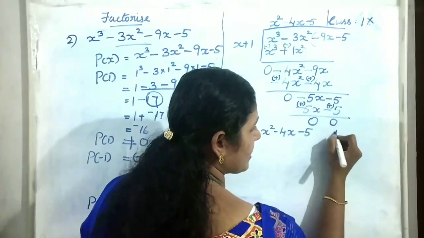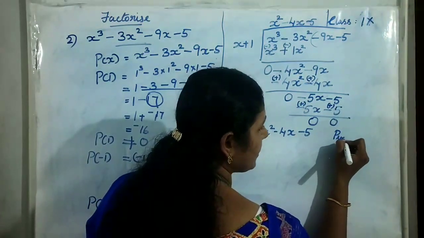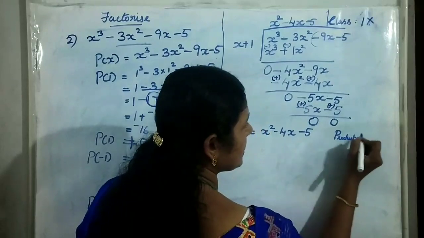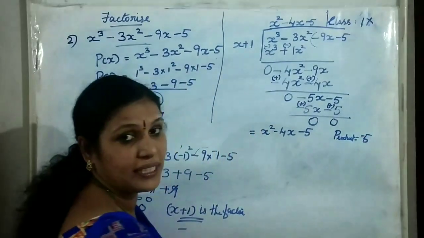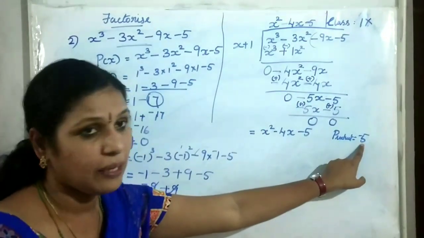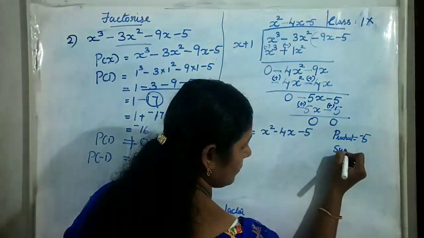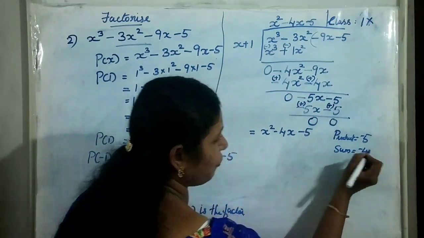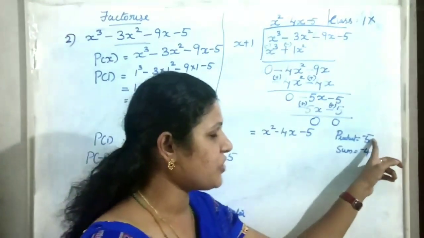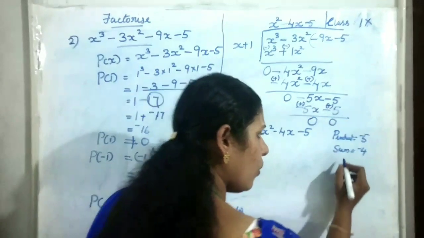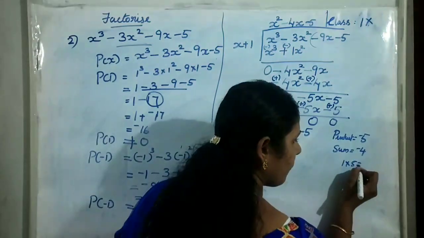Here the product is minus 5 and the sum is minus 4. Which numbers do we multiply to get 5? That is 1 into 5 is 5.